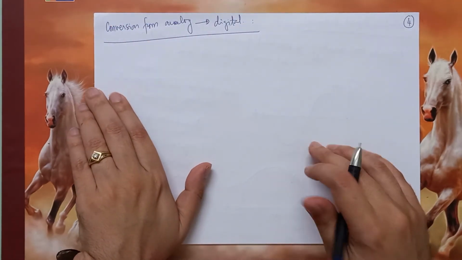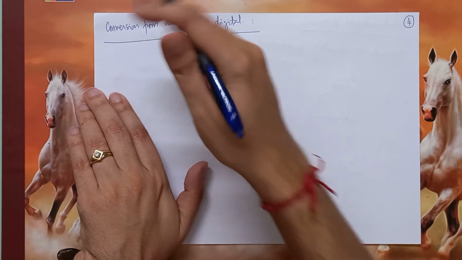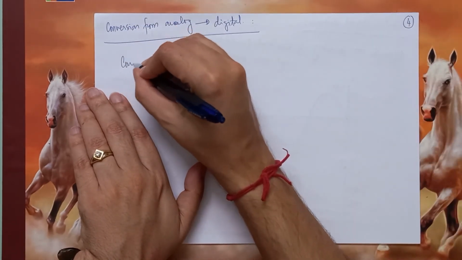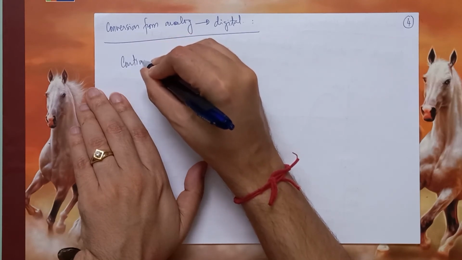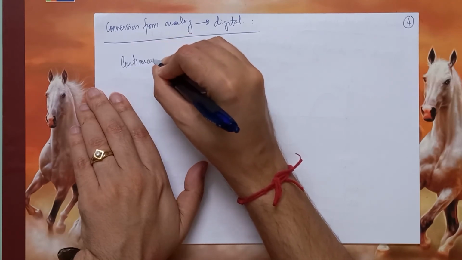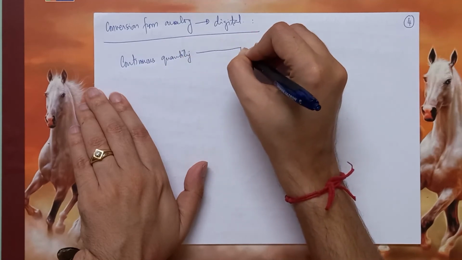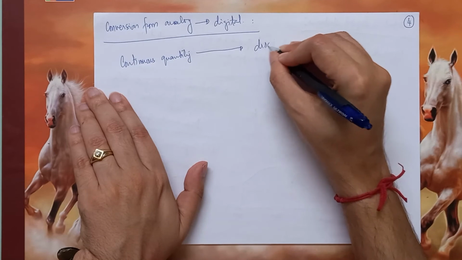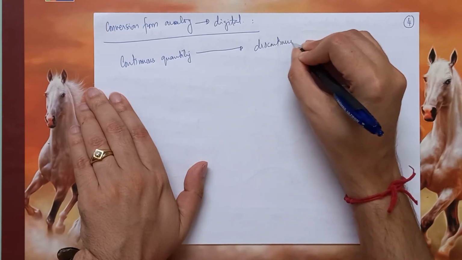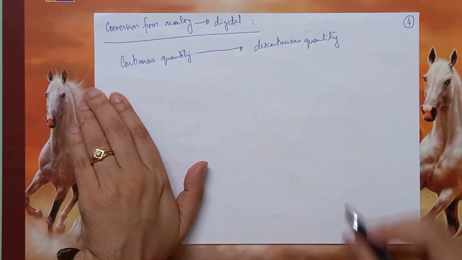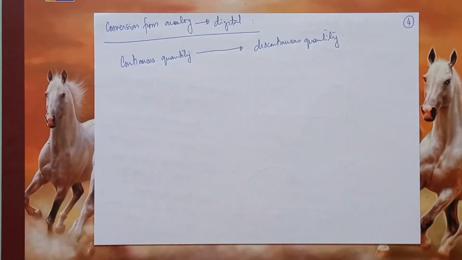So what we need to do? We need to first convert a continuous quantity into a discontinuous quantity.